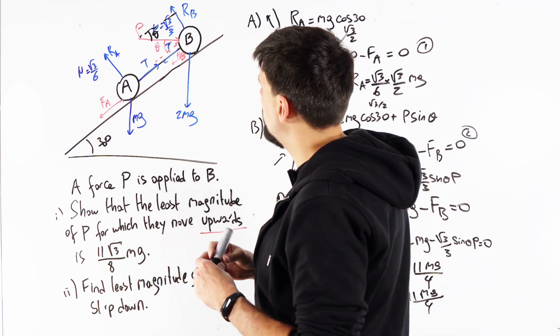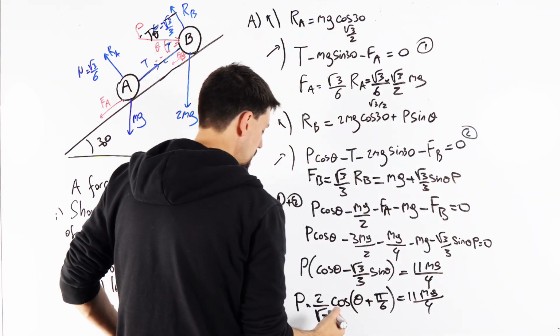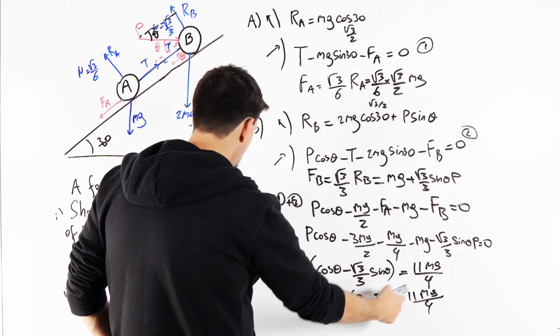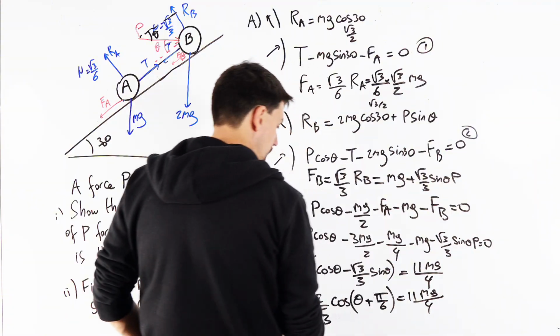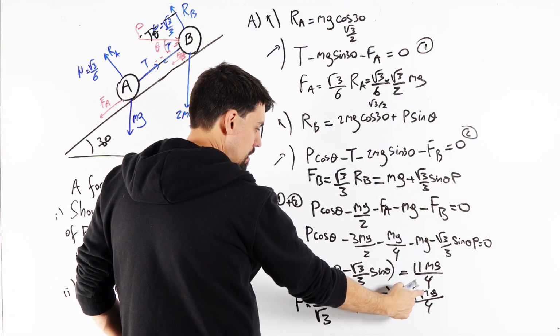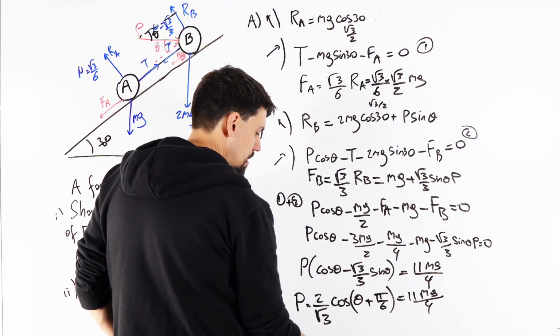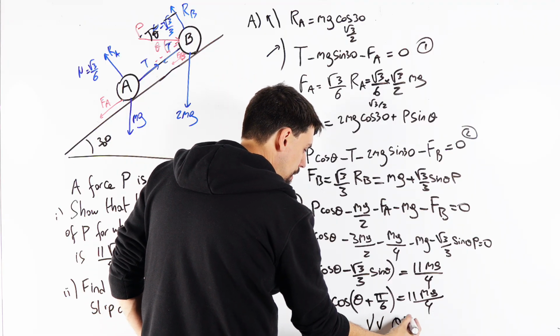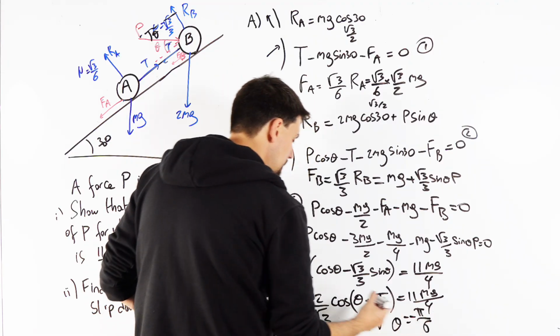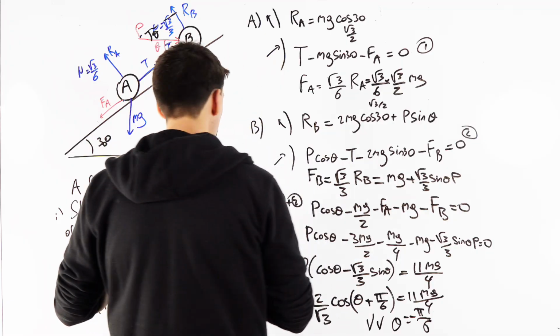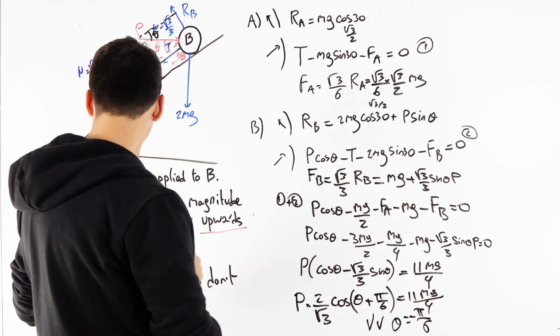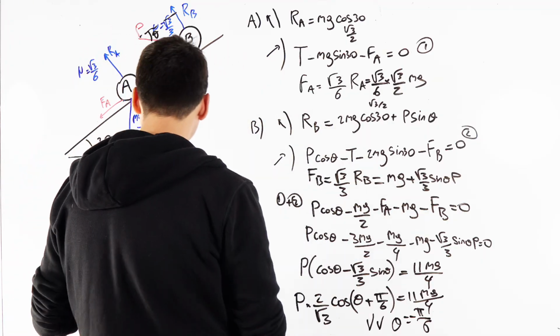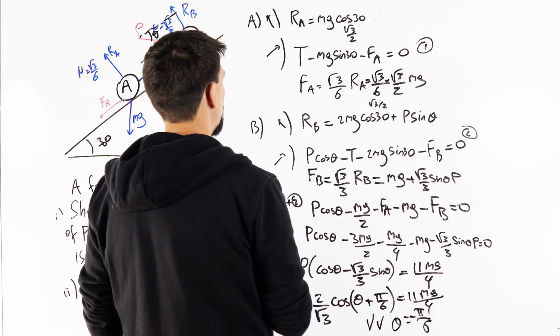So theta is minus pi over 6. And if we put that up there, we will get this result: P is root 3 times 11 mg divided by 2. So we get the result that we want at theta is minus pi over 6. Epic. How about the least magnitude so it doesn't slip down?